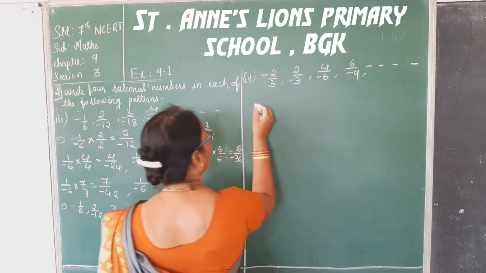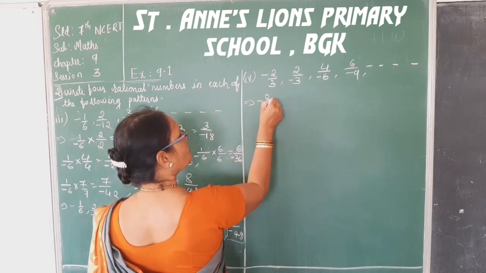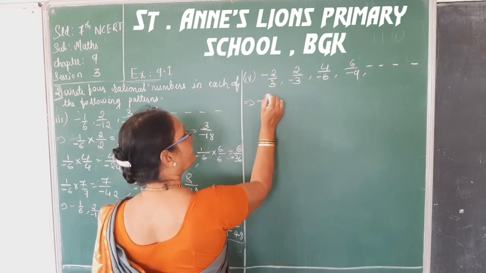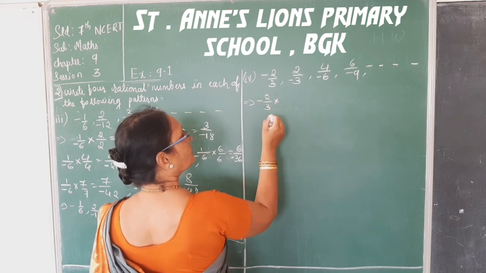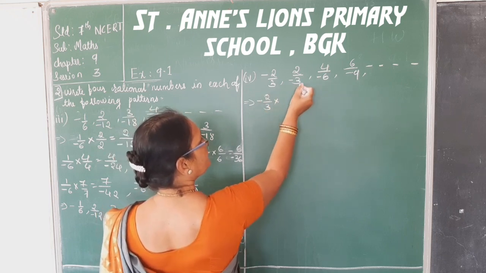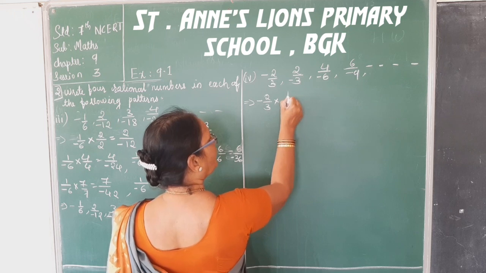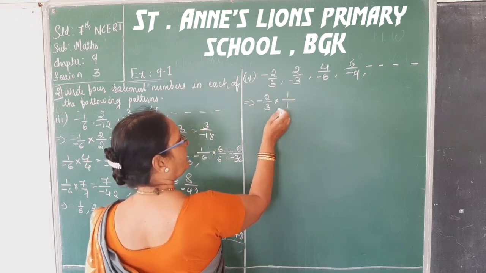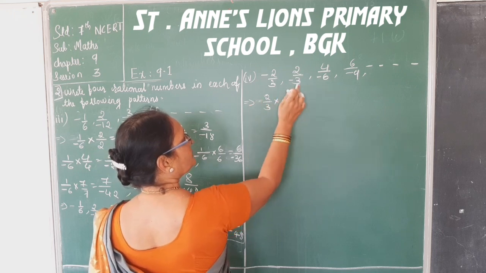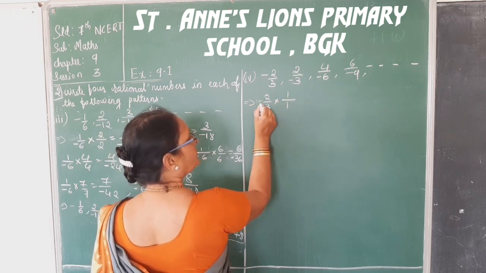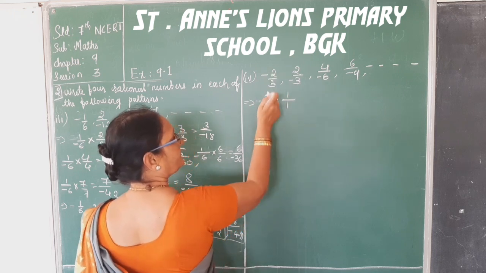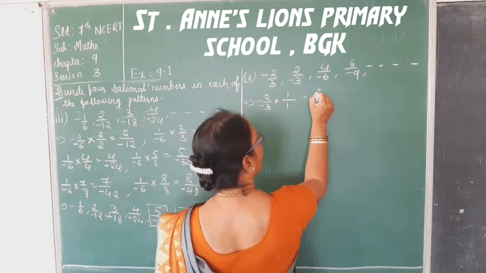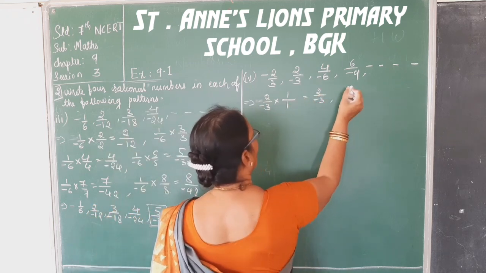Now the first one is minus 2 by 3. To get this same one like this, we have to multiply by 1 by 1. To get this minus 3, 2 by minus 3, both are the same. So this is nothing but 2 by minus 3.